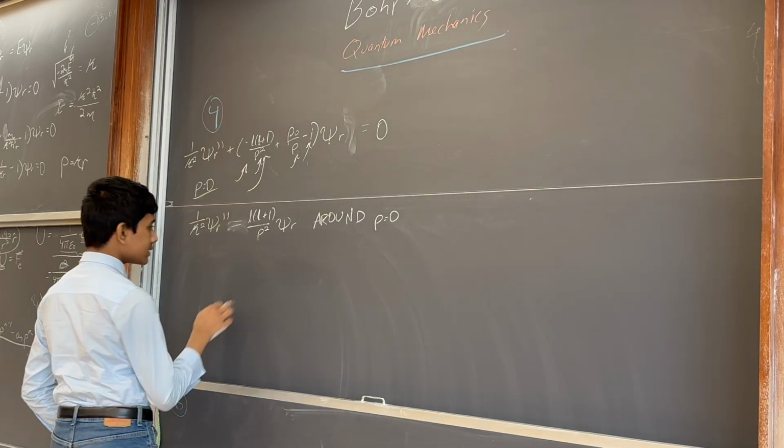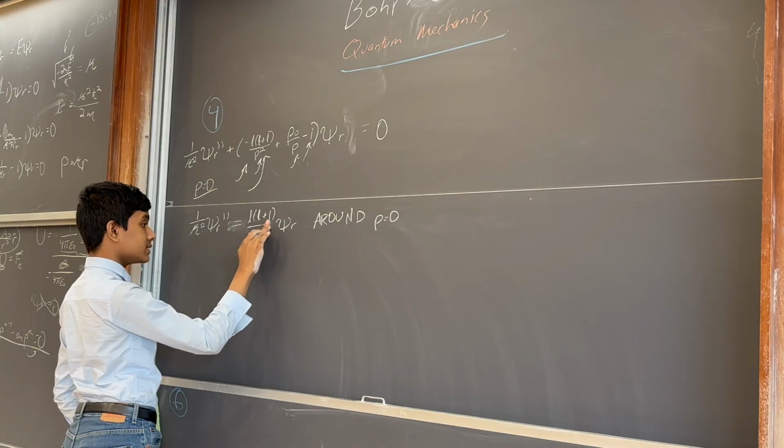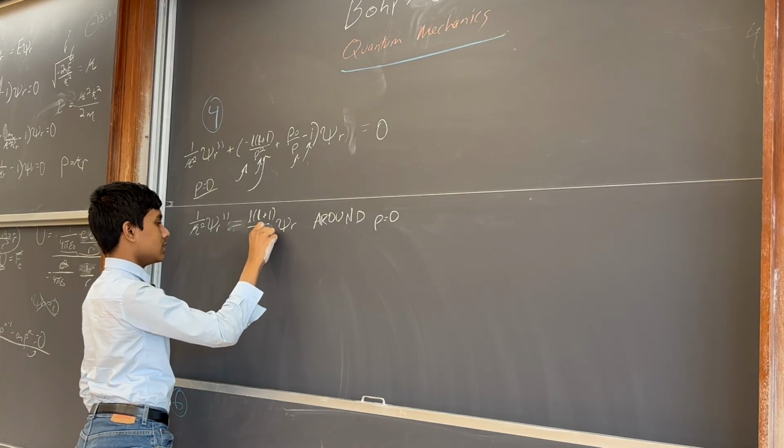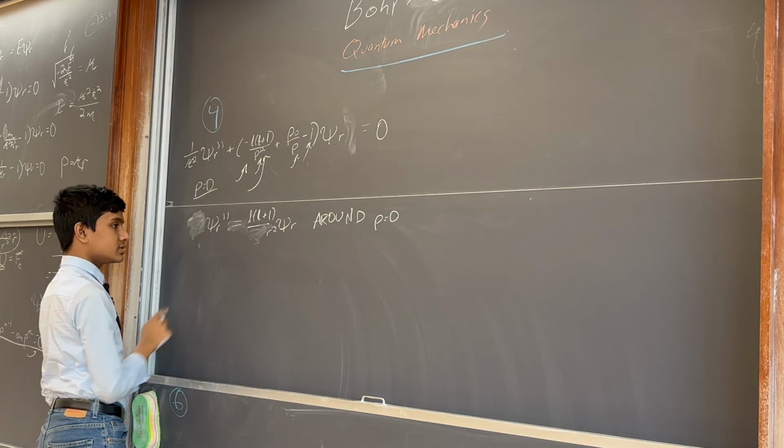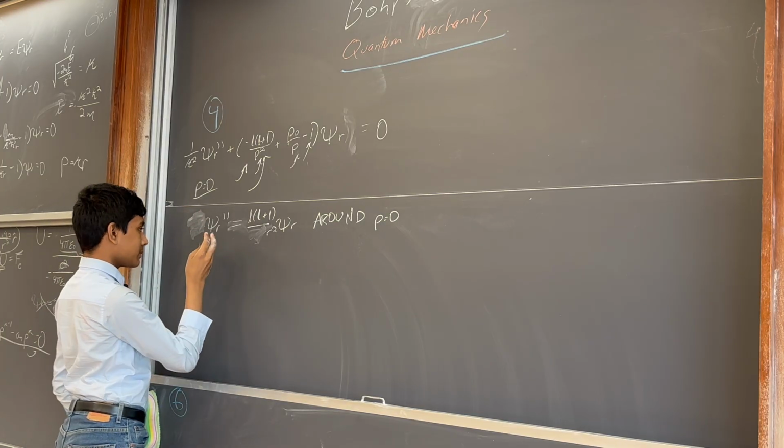Now recall that psi of rho squared is just kappa squared r squared, which allows us to cancel these two out. And so we just get a standard power rule derivative.